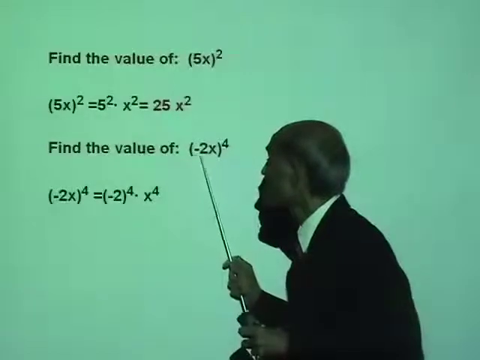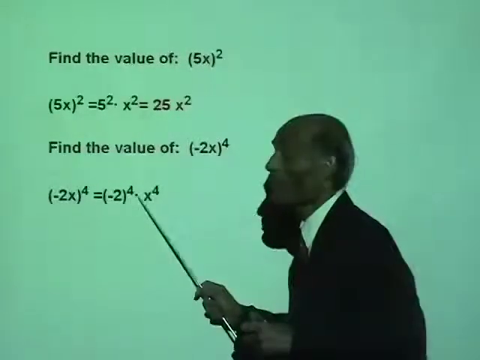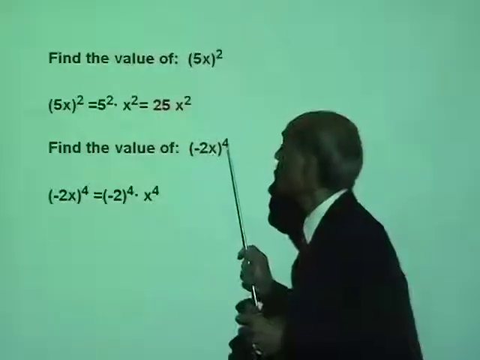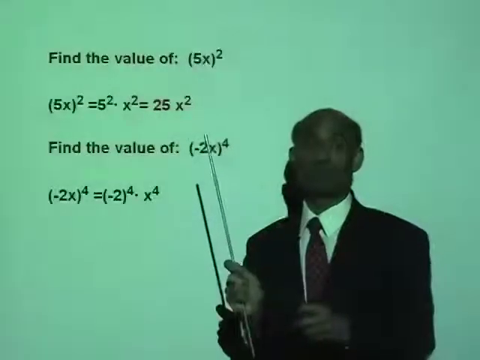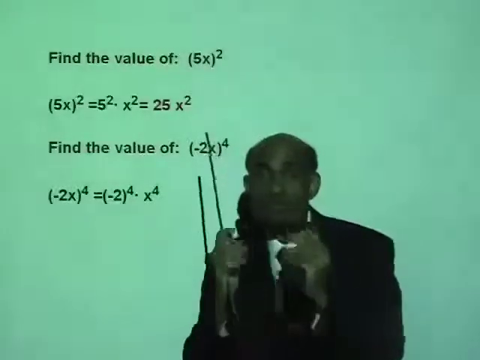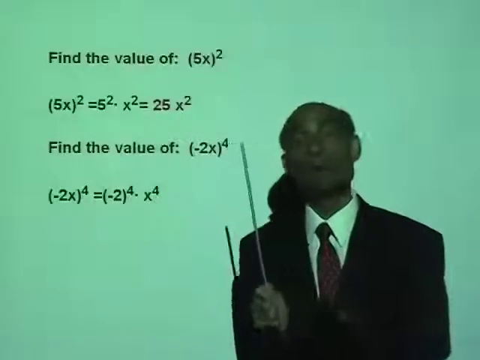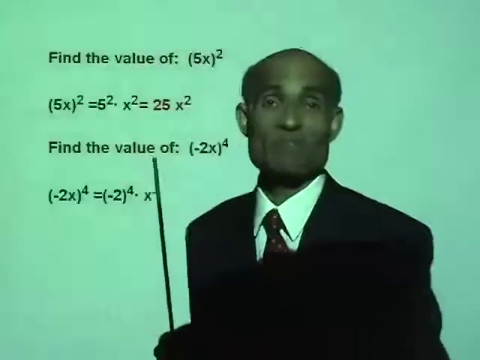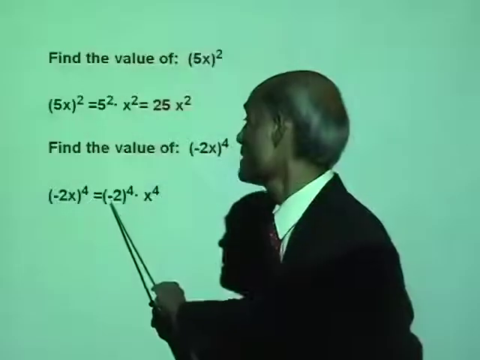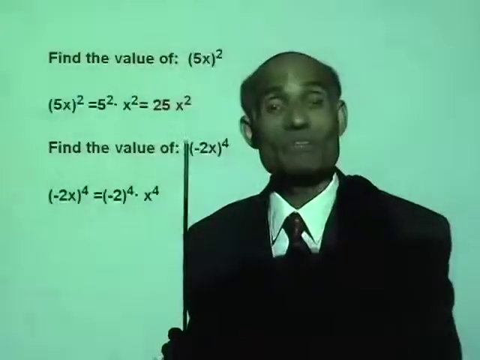Take negative 2 and raise it to the power of 4, then multiply by x raised to the power of 4. Okay, what is the number negative 2 raised to the power of 4? First of all, tell me, will that be positive or negative? A negative number raised to the power of 4 will be positive.